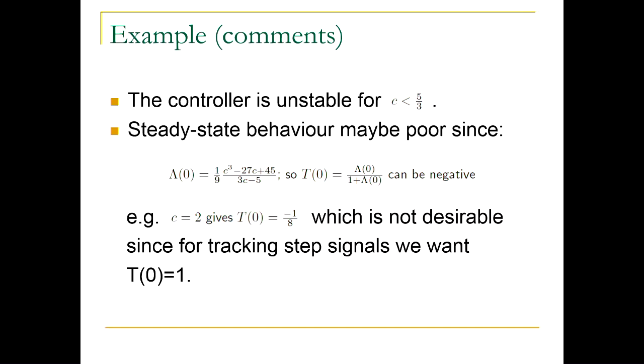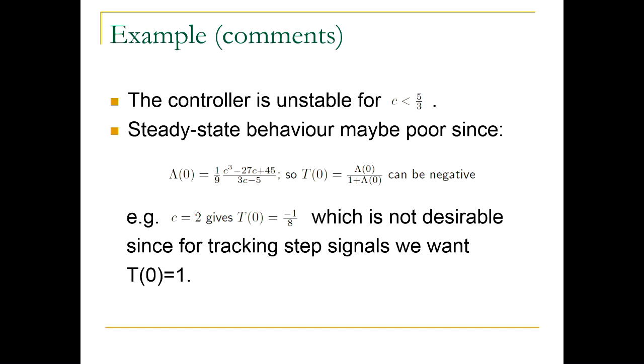Note that this is actually the formula for the closed loop transfer function, where lambda 0 is the open loop transfer function. So note that because of this, for different values of c, you may have very bad steady state error. If you think about applying the final value theorem, then this might indeed lead to very poor steady state errors.